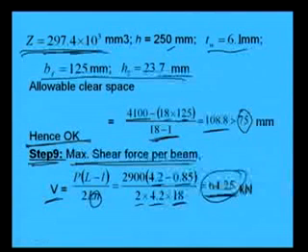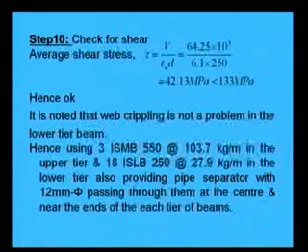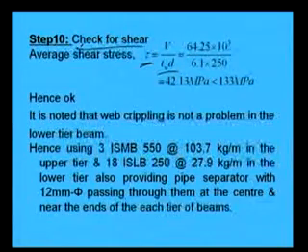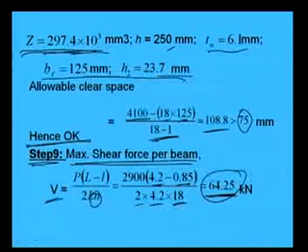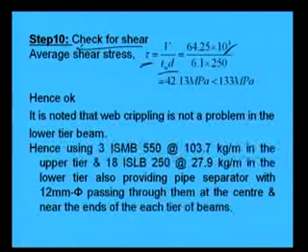Now we will go for the check for shear. The average shear stress tau is equal to V by tw into d. V we have calculated, that is 64.25 kilonewton, so 64.25 into 10 cube Newton, by 6.1 as tw and d is 250.